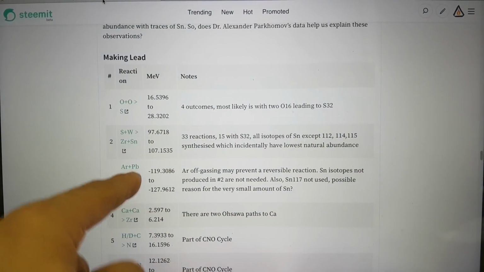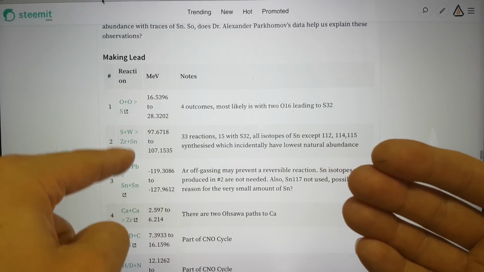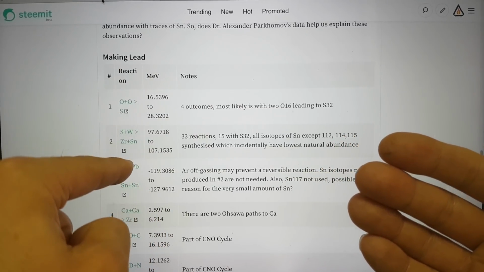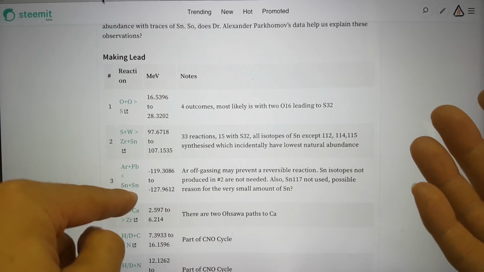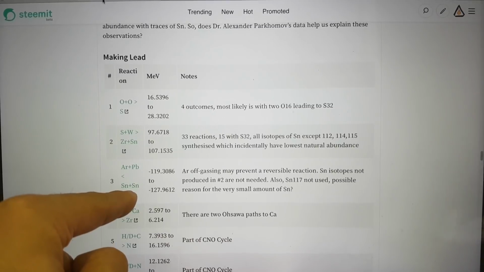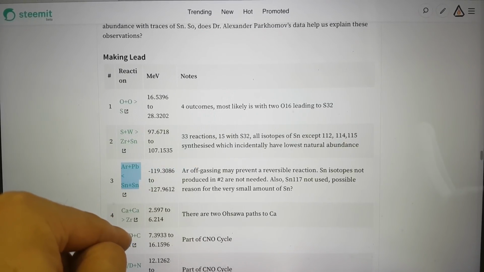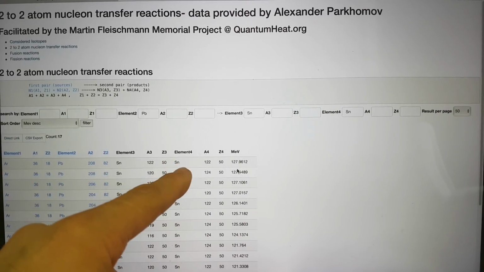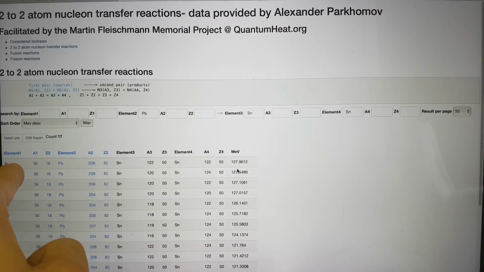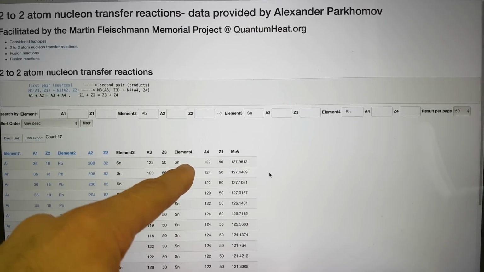However, if you're pushing it too hard and there's too much energy being pumped in the system, and in this case maybe yielding too much energy, then the system wants to maybe balance out. And I've actually got this reaction in reverse. So if I click on this reaction here and I open that in a new tab, this particular reaction I've got here argon and lead is going to tin and tin.